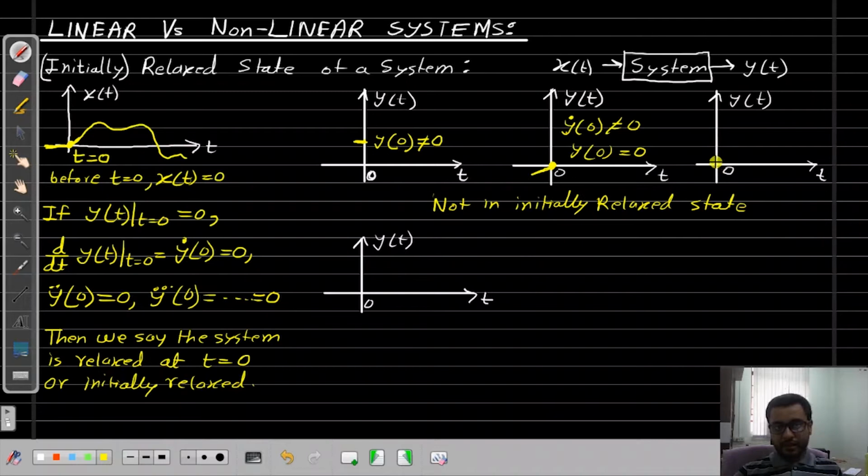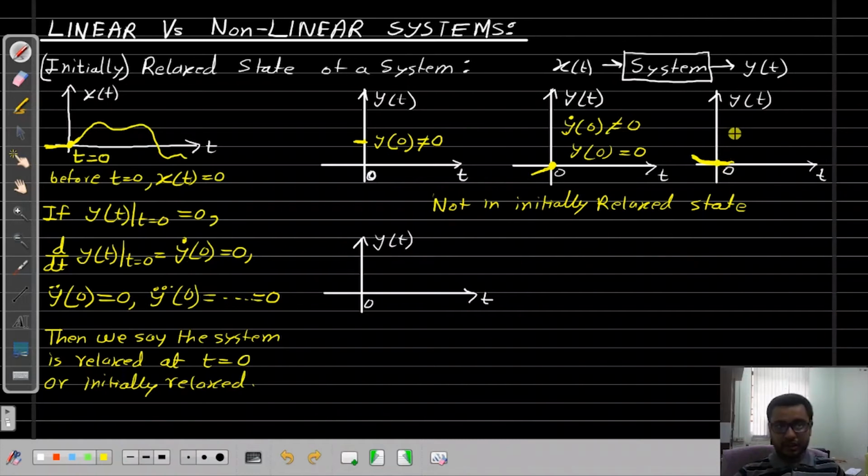Similarly, say if the output is 0 at this moment, the derivative is 0, so at this moment the slope is flat. However, say the second derivative is non-zero. So the output can change slightly after t equal to 0.